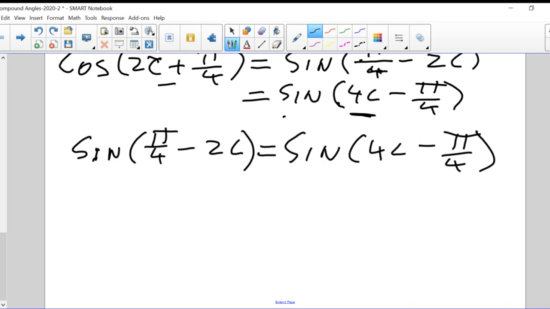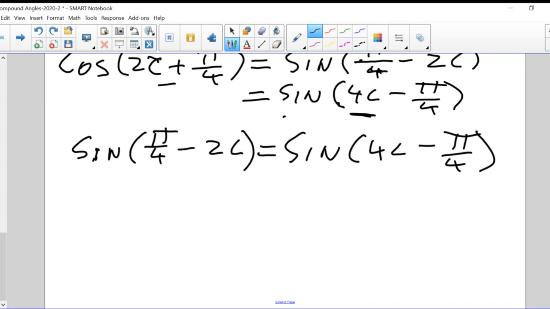If the sine of this is equal to the sine of that, does that suggest anything? What was very important was for us to have sine on the two sides. We started off with cosine on one and sine on the other. Now we have sines on both sides.